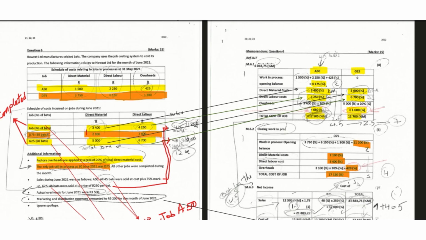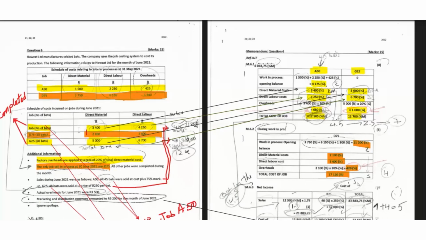But something that is told to us, when you're looking at the completed jobs, factory overhead is applied at a rate. Let's look at the additional information. Basically, what they're providing to us when it comes to the previous table.